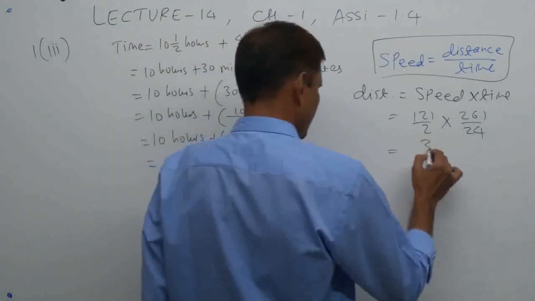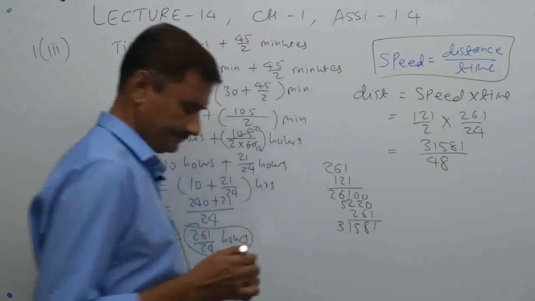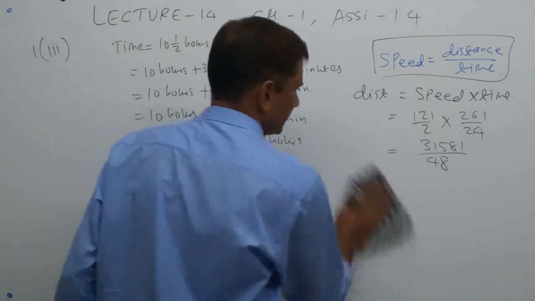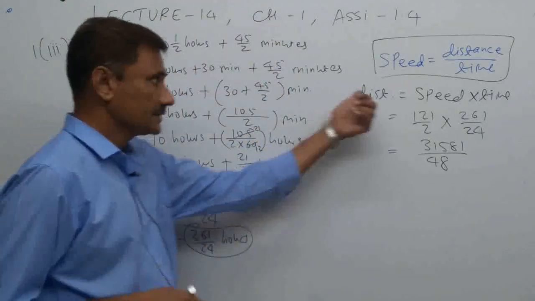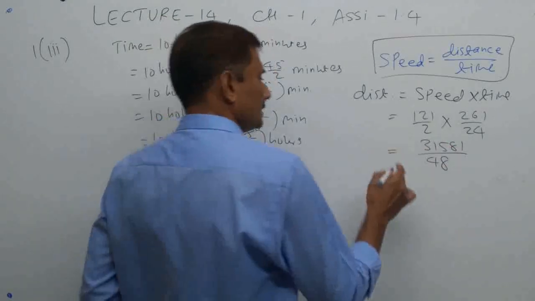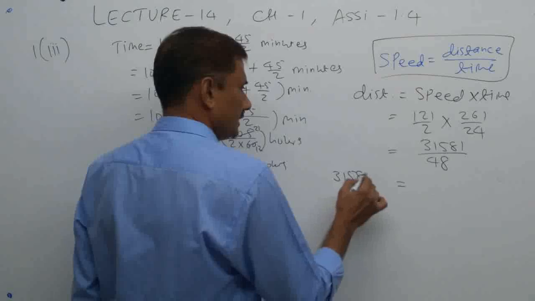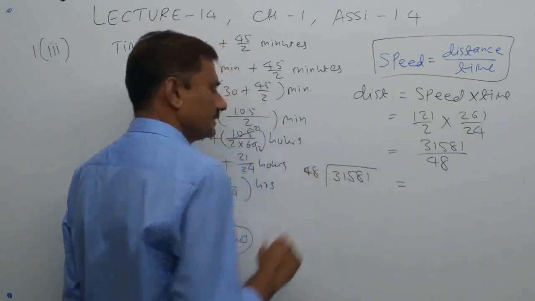So it will be 31581 upon 48. Now divide it by 48. So it will be hours. Kilometer. Distance will be in kilometer only. So how much is it for that purpose? I just divide that number by 48. Approximately it is near to 50.